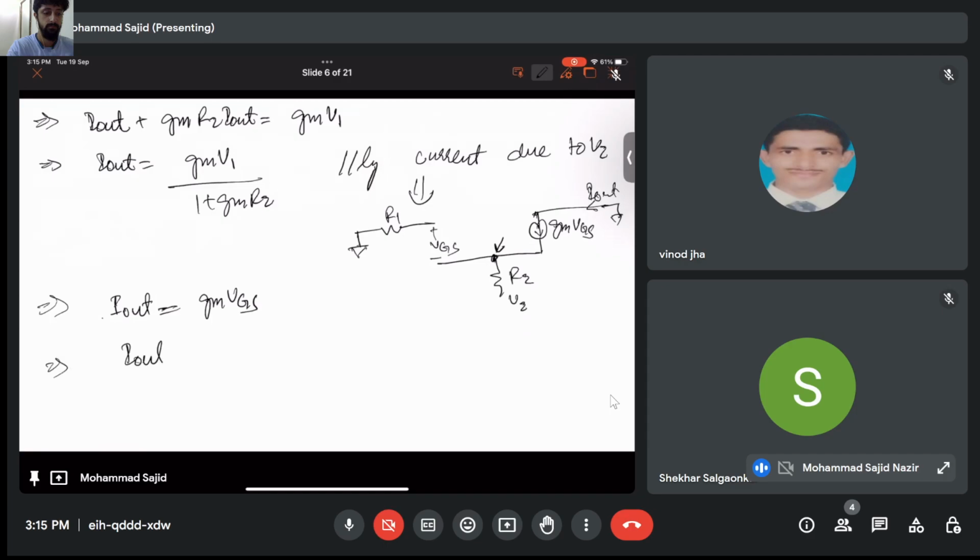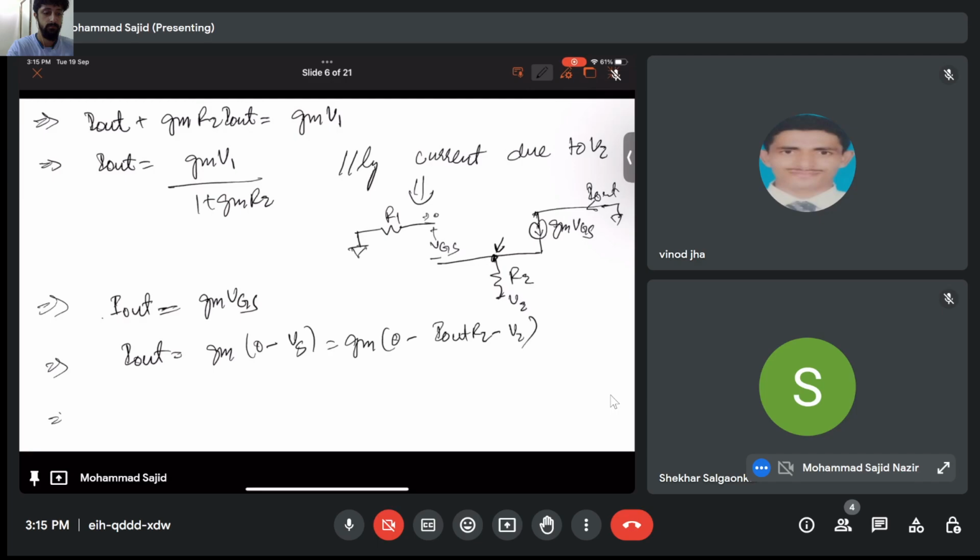Now the gate is at 0 volts, so VGS is 0 minus Vs, and Iout is gm times (0 minus Vs), where Vs is Iout times R2 minus V2.